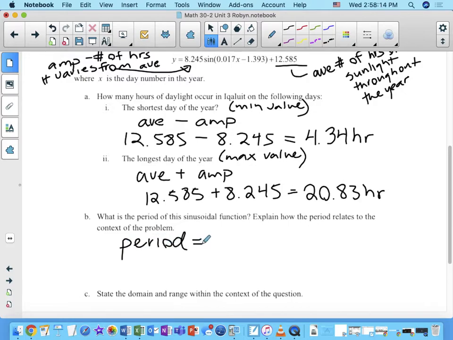It definitely has to do with this, right? Yes, the b value. But how does it relate to the b value? 2 pi divided by, that's right. So it's going to be 2 pi divided by 0.017. Okay, so someone tell me what that is.